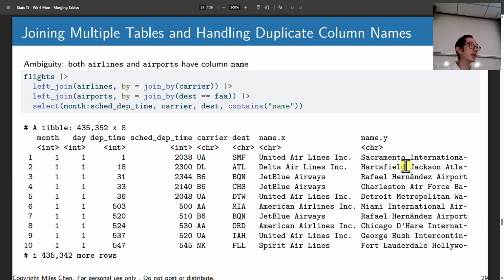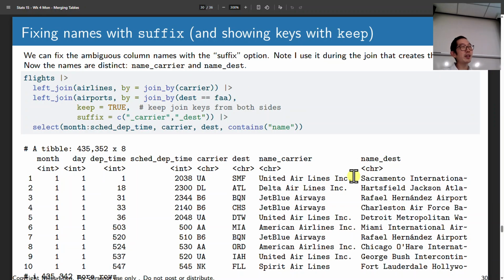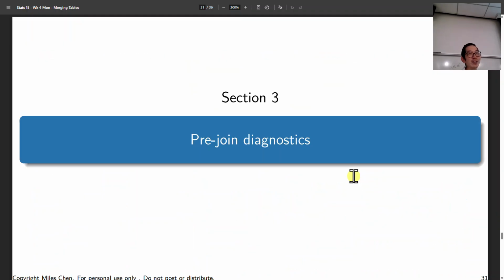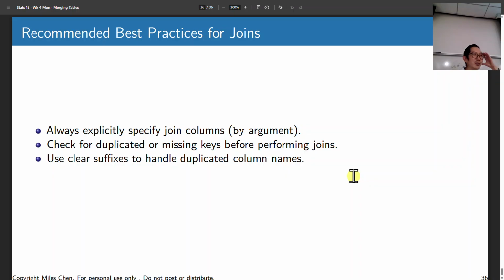This is all for your own benefit, because later on, trying to remember whether it was name.x or name.y is hard. Name_carrier, it's very clear what that represents. So all of these best practices are so you have an easier time reading your own code later. So that's it.